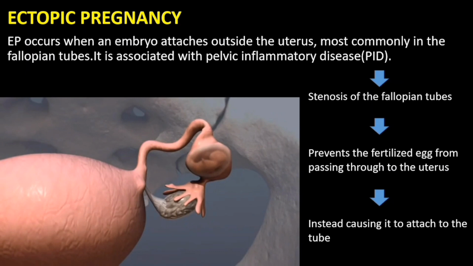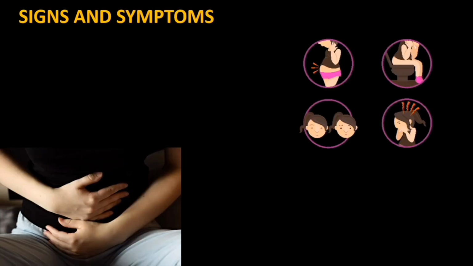When it affects the uterus, it's called endometritis, and when it affects the fallopian tube, it's called salpingitis or tubo-ovarian abscess, and when it affects the ovaries, it's called oophoritis or tubo-ovarian abscess, and when it affects surrounding tissues, it's called parametritis or pelvic peritonitis.